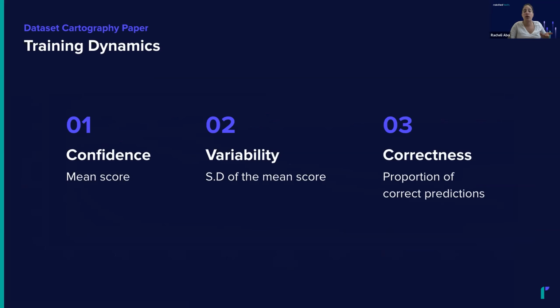And here we involve our decision boundary and basically ask for each sample, how many times was I above or below a certain threshold, or how many times was I correct or mistaken? So we moved from a situation where each sample is represented by a vector of scores to a 3D representation per sample: confidence, variability, and correctness. Now, let's visualize this.